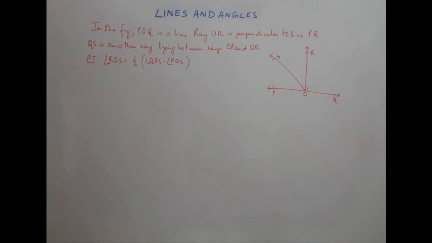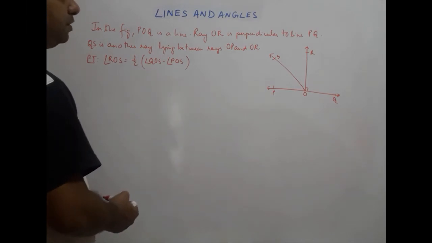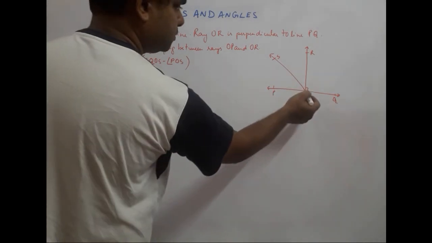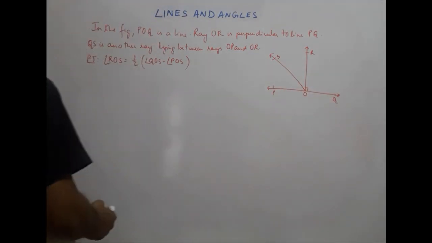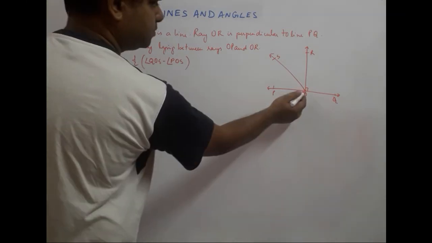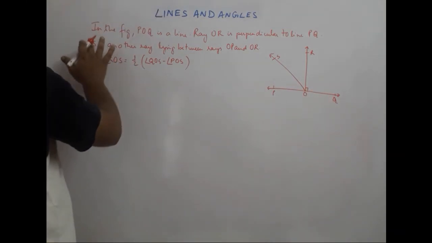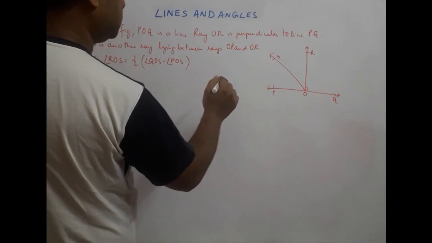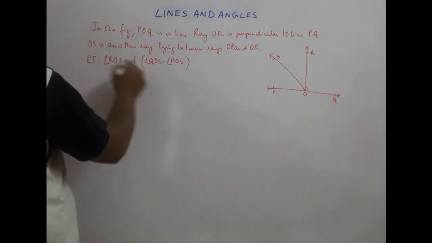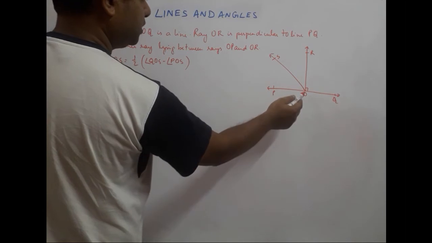In the figure, POQ is a line. Ray OR is perpendicular to line PQ. OS is another ray, OS should be another ray lying between OP and OR.